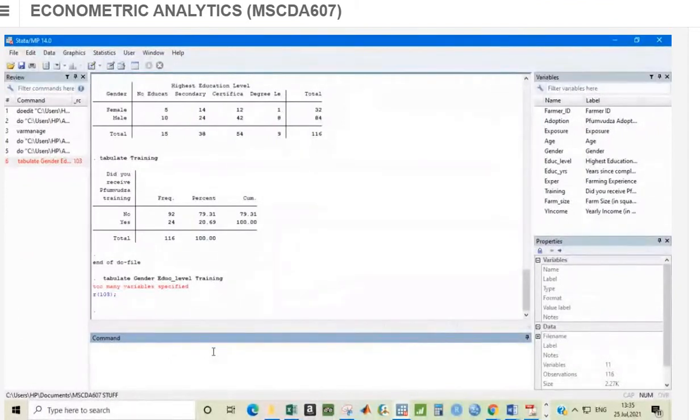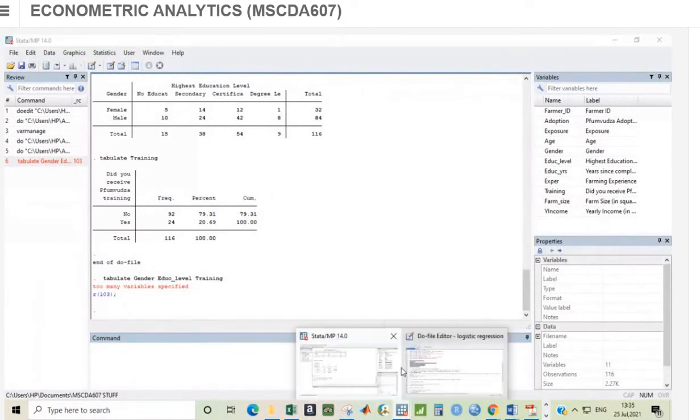So you cannot use the command tabulate for more than 2 variables. Because it would be trying to tabulate using those 3 variables, coming up with such a kind of table with 3 variables. You need something which is 3D. I don't know how you can do that.